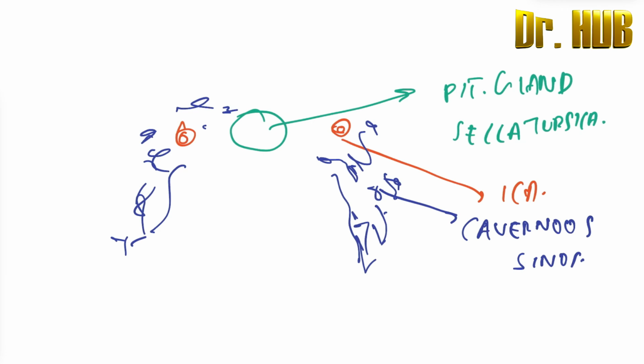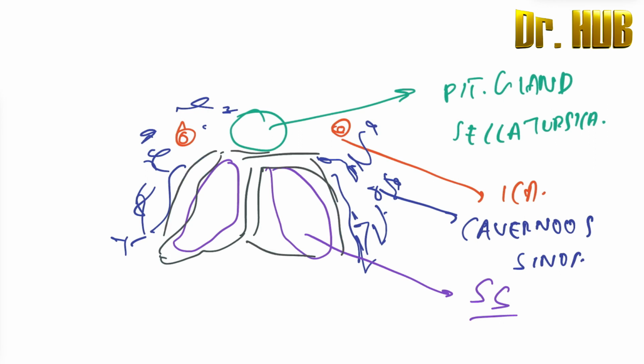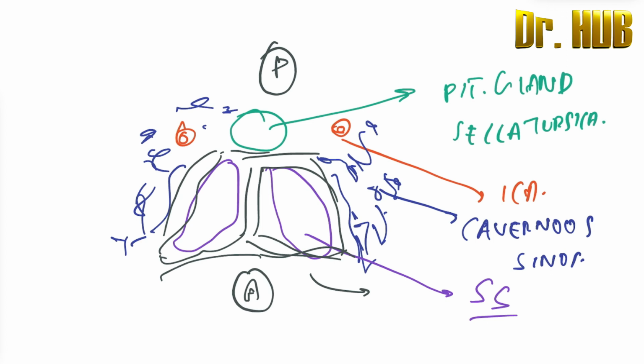Below the cavernous sinus is the sphenoidal sinus. This will be the posterior, this will be the anterior, and here there will be the nasopharynx.